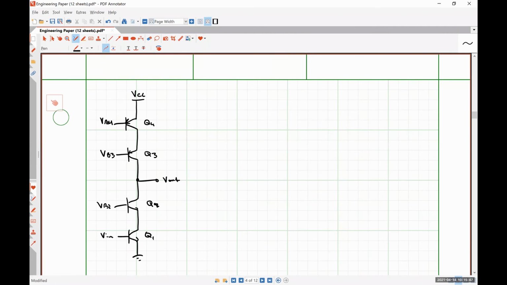All right, now let me find it in my notes so I don't get all this mixed up. Differential pair, Cascode Amplifier.